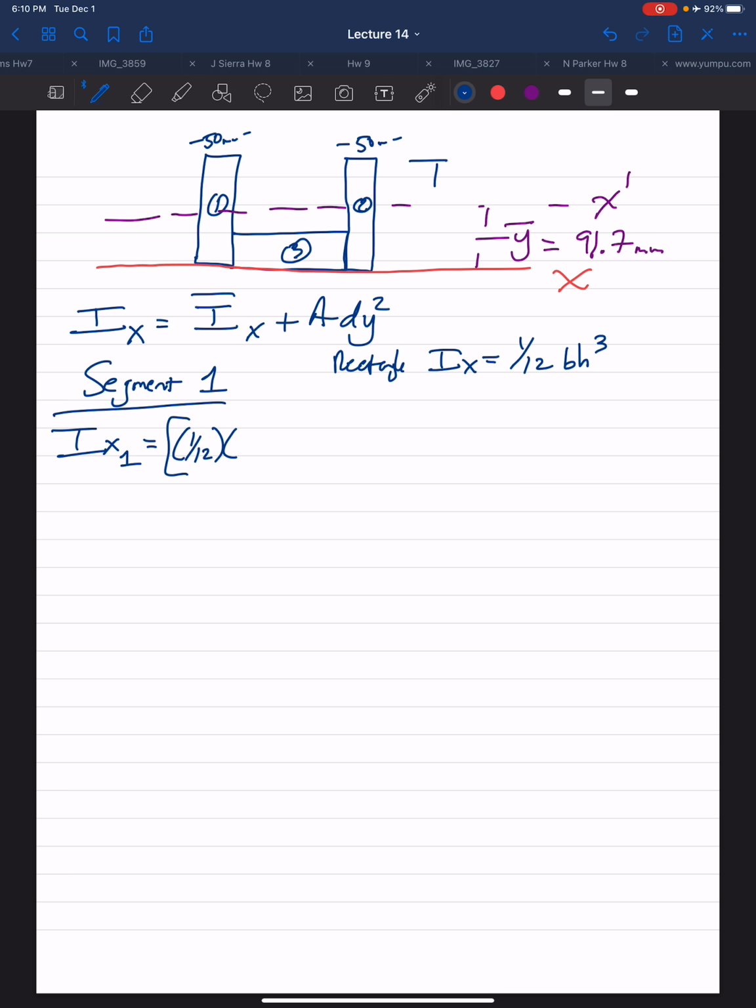The height we said was the total shape, 250 millimeters, and this thickness here was 50 millimeters. Okay, so for segment 1, 1/12 the base, that's 1/12 of 50 times the height cubed, the height being 250.